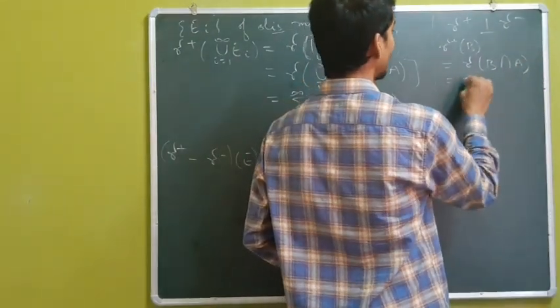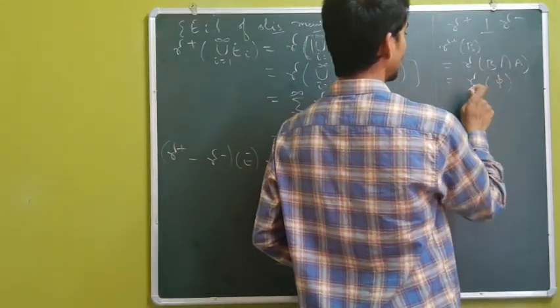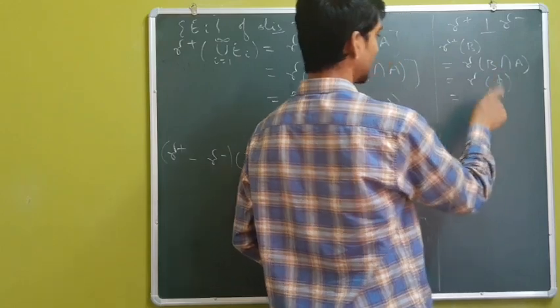Since these two are disjoint, I have this to be empty, and since this is a signed measure, the measure of the empty set is 0.